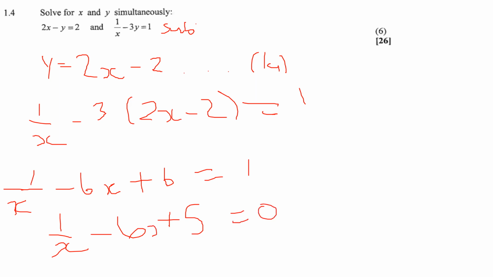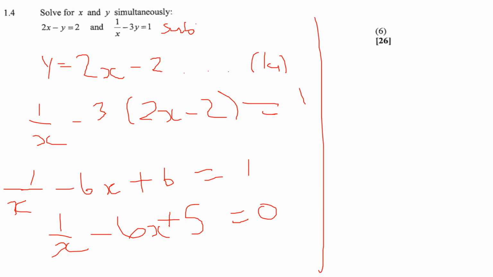So here there's still x. Now when you have an equation like this, remember if you want to get rid of a variable that is only on one denominator, you must multiply everything by the value that is at the denominator.